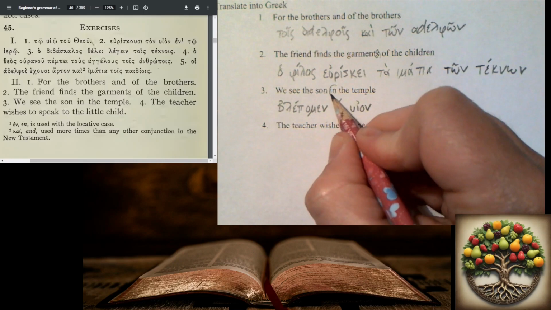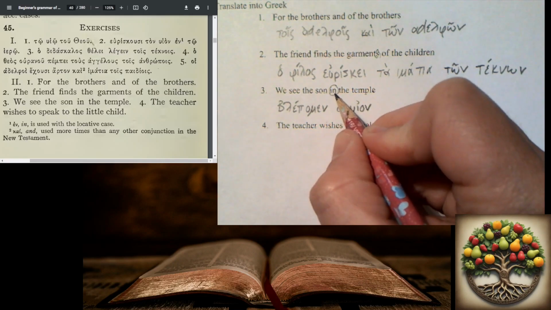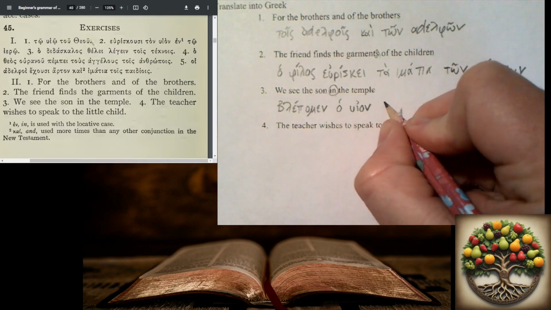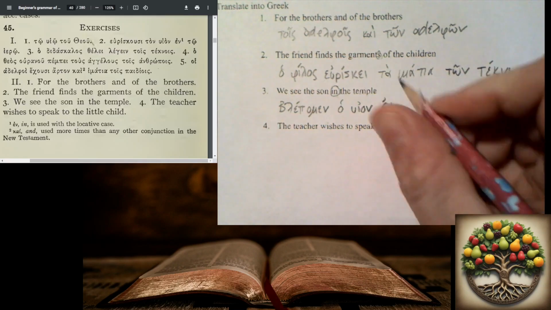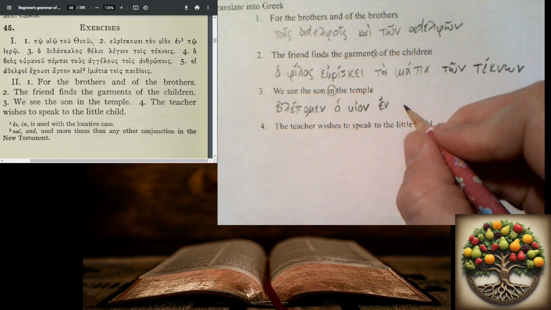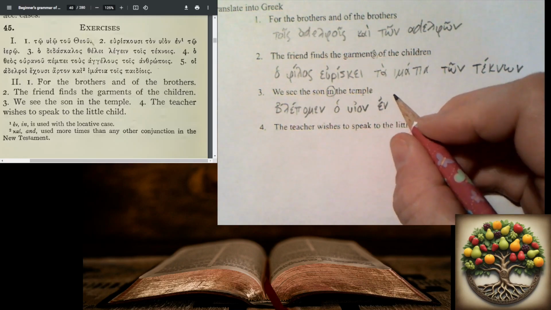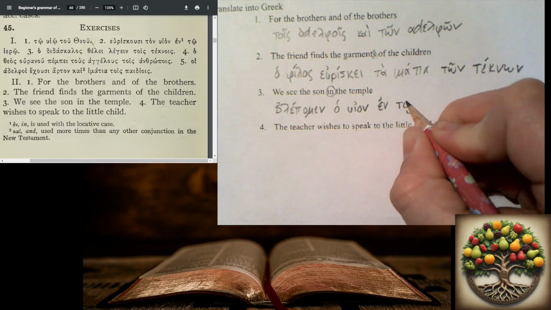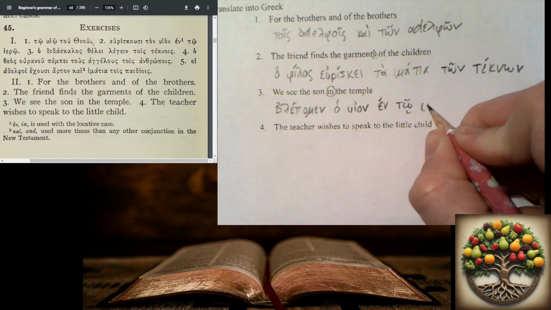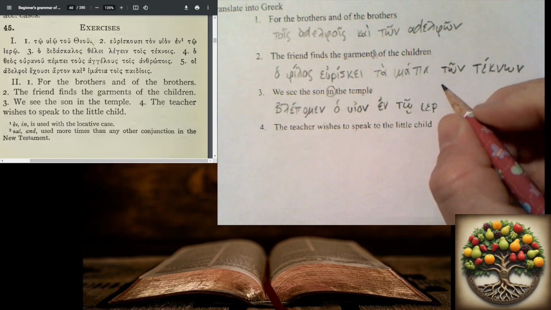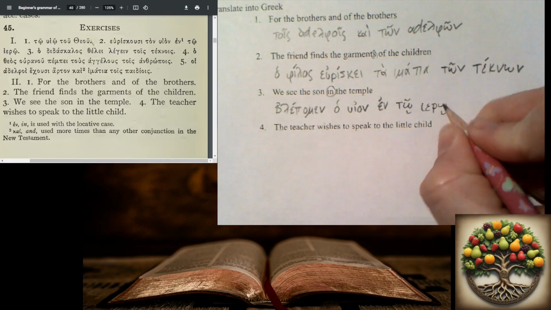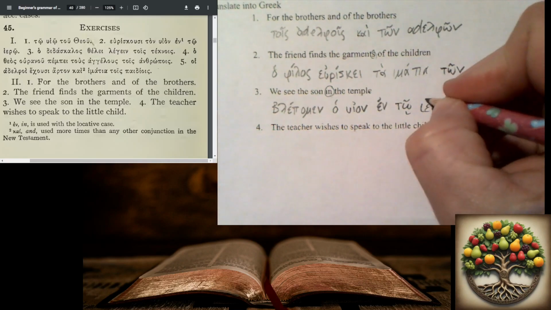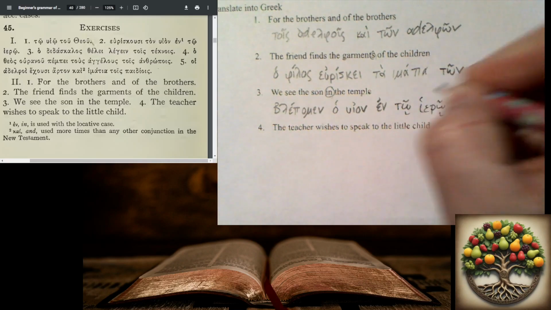And we can use our standalone preposition en for this in. And the temple is going to be in the locative, since en is used in the locative. Temple. And there is a rough breathing. Hieron.